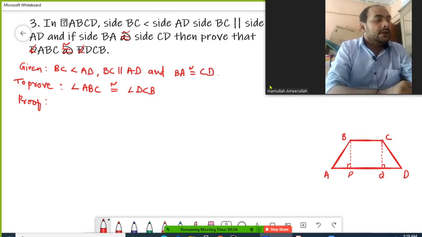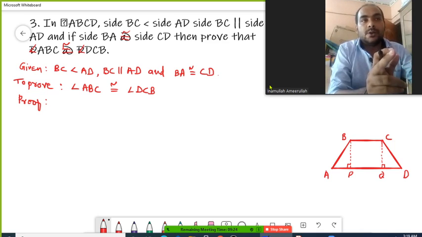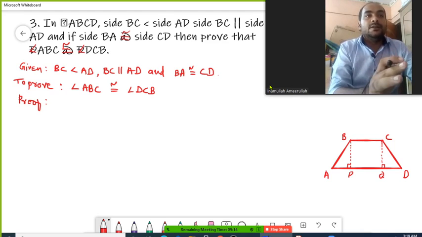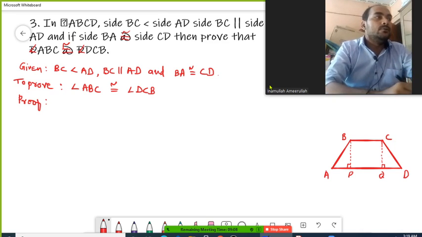Here we can write construction also if you wish, otherwise it is not mandatory; directly we can move on to the proof. First I am going to prove that the two right angle triangles made at the ends of this trapezium are congruent. Once these two triangles become congruent, I can say angle A and angle D are congruent because they are corresponding angles of two congruent triangles.